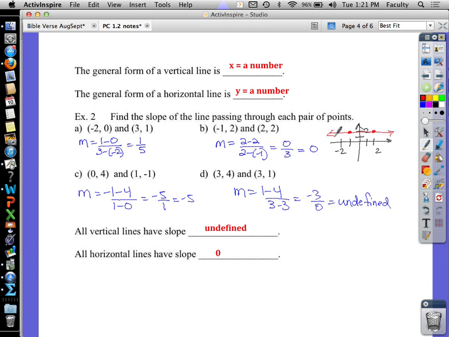Okay, let's connect this to what he was talking about. If slope is rise over the run, you don't go up anywhere. Now you went to the right 3, but it's still slope 0. And then when I look at letter D, so I plot 3, 4, 3, 1.